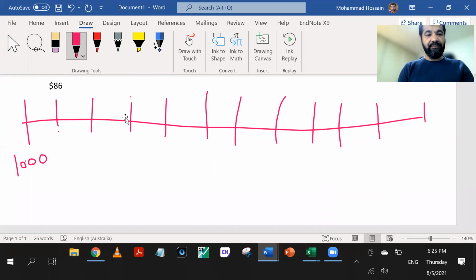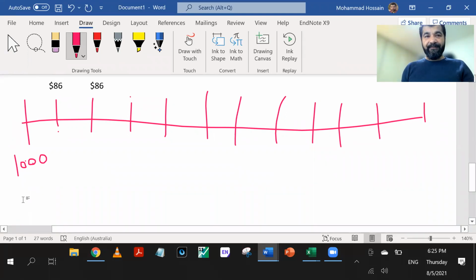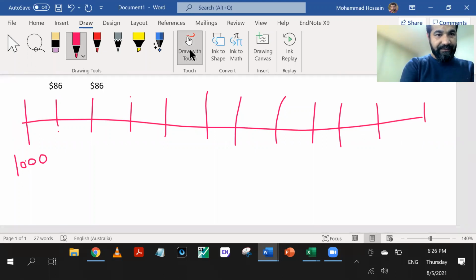So every year you're getting 86. Since you're giving this money, I should put a minus sign here: minus $1,000. And from 21, 22, 23, 24, every year you're getting 86, 86, 86.